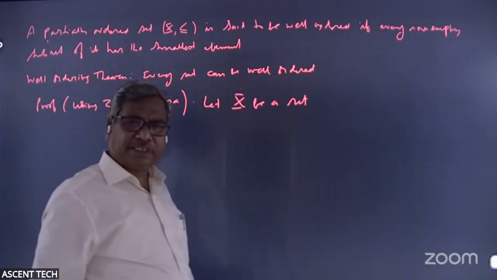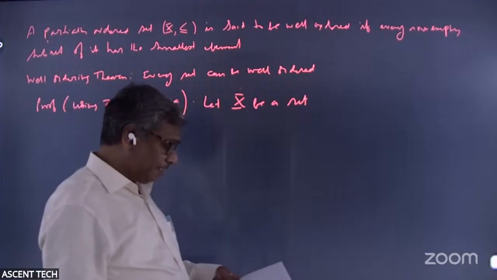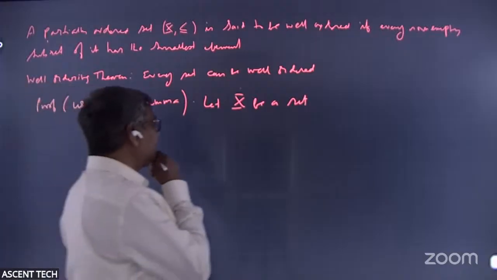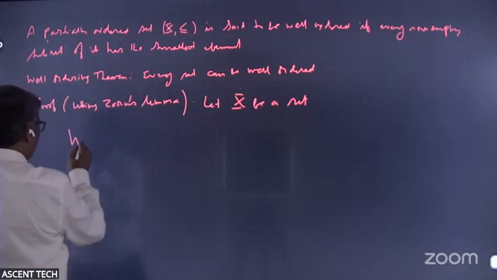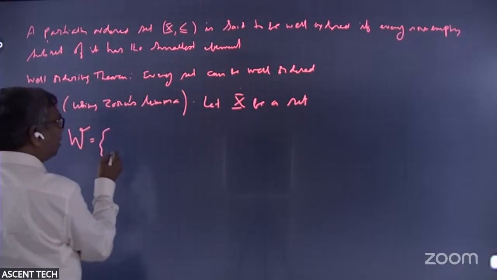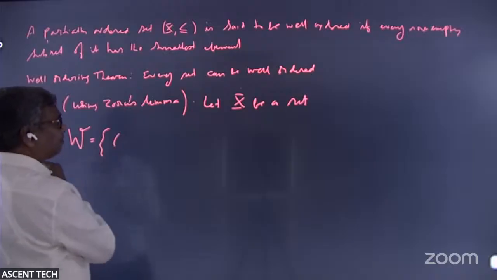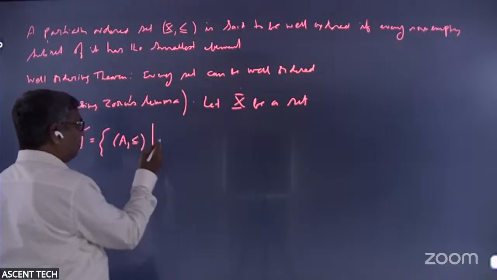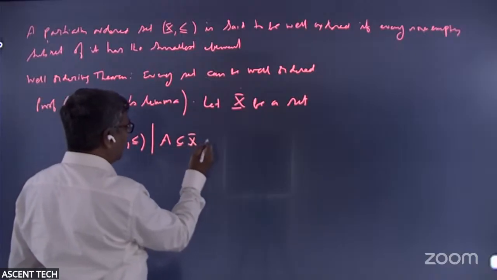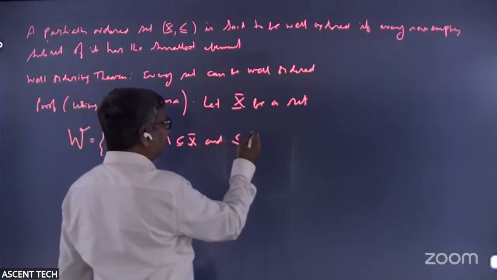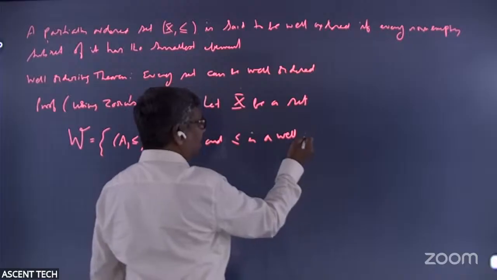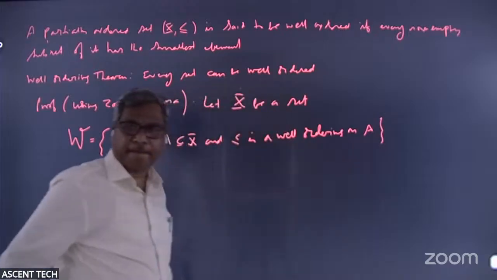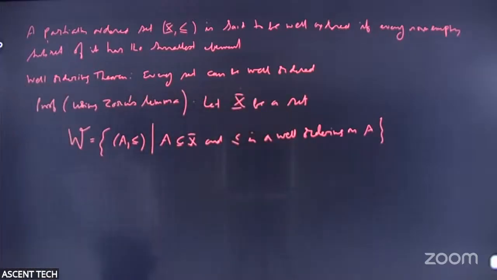Let W consist of all well-ordered subsets of X, that is, pairs (A, less than or equal to), where A is a subset of X and less than or equal to is a well-ordering on A.